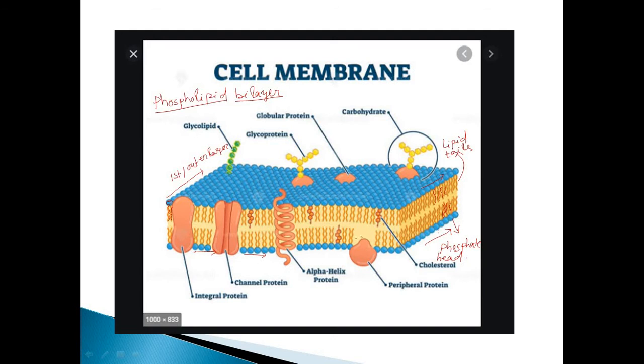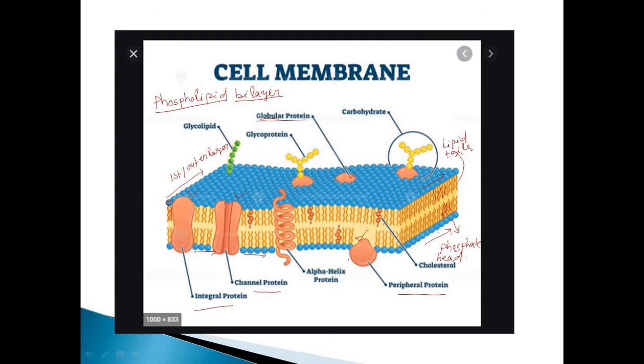There are different proteins: integral protein, channel proteins, peripheral protein. Different types of globular proteins float in this phospholipid sea, or phospholipid bilayer.